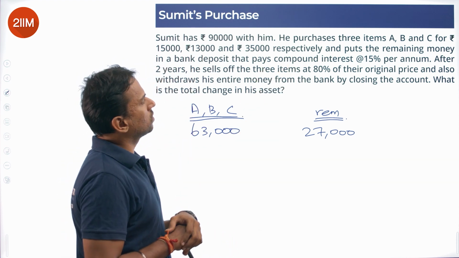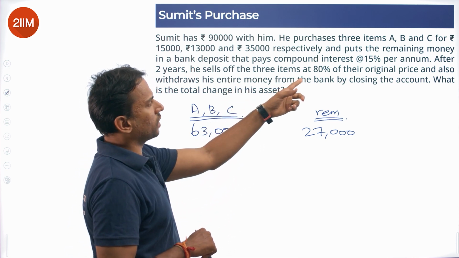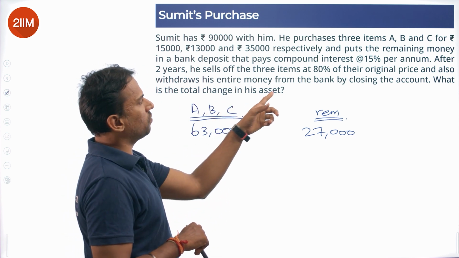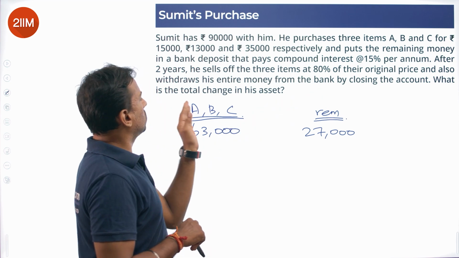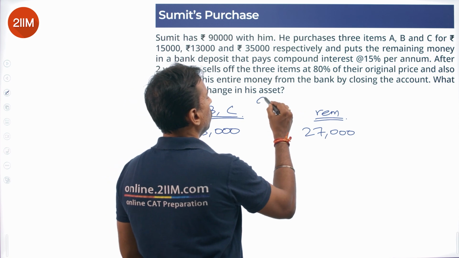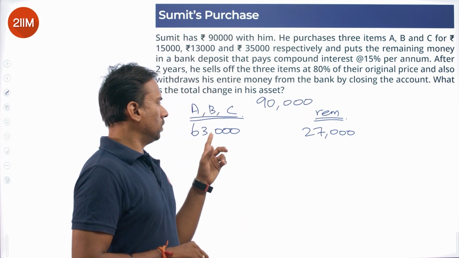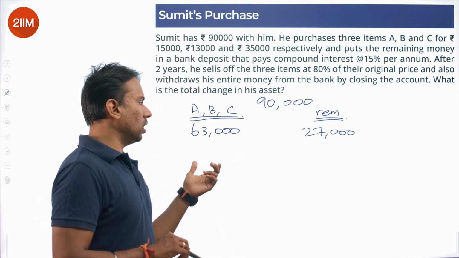After 2 years, he sells off the 3 items at 80% of the original price and also withdraws his entire money from the bank by closing the account. What is the total change in his asset? So he began with 90,000. After 2 years, he is going to sell the items for 80% price.